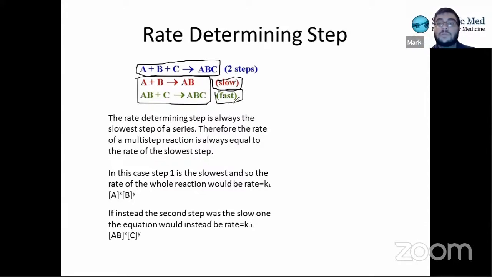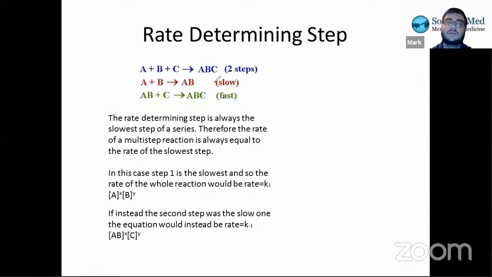When we determine the rate of any reaction overall, for example this whole two-step process, A plus B plus C equals ABC, we would basically be ignoring any fast steps like this. We would just be focusing on finding the rate of this slow step, right? Why is that? Because the slow step is essentially 99.9% of the whole rate.